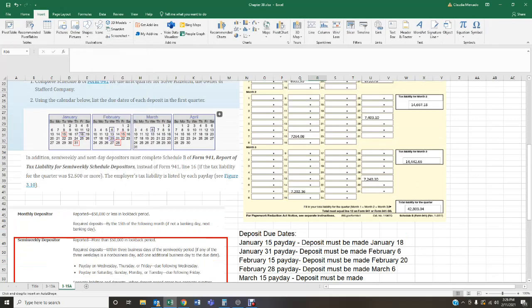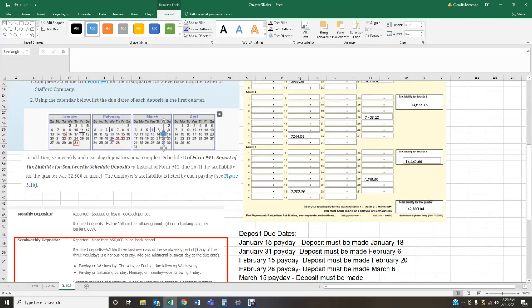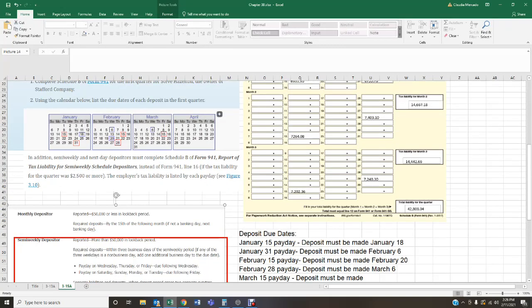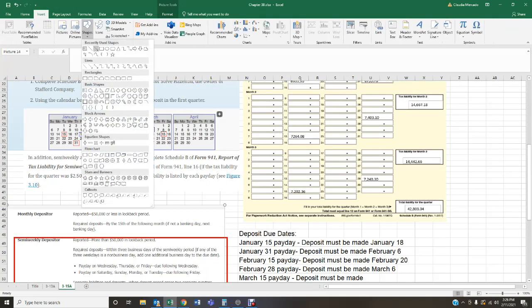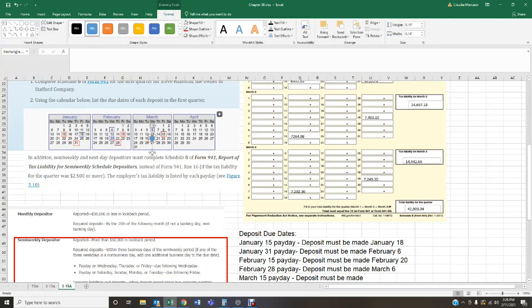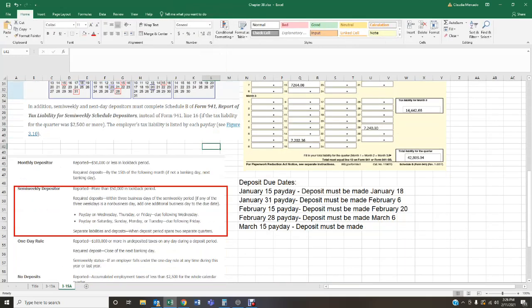March the 15th fell on a Friday. So if it falls on a Friday, it's due the following Wednesday. So the following Wednesday would be the 20th, March the 20th.